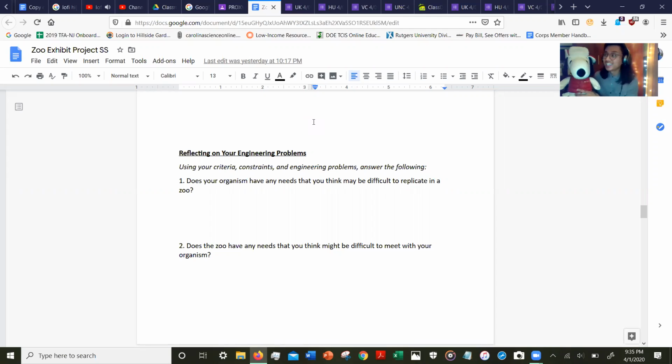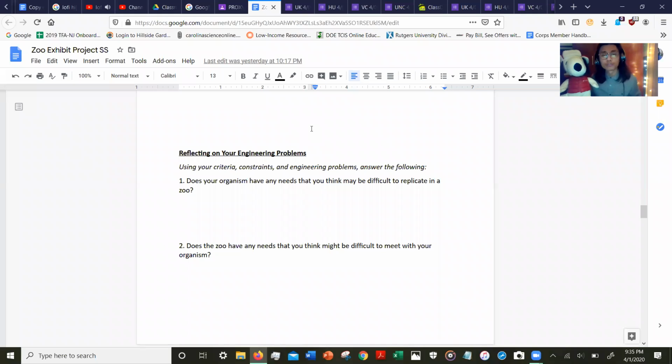And those are needs that might be difficult to replicate in a zoo because we have limited space. My zoo doesn't have enough money to buy so much room. This is a constraint and something that makes our engineering problem a huge challenge.